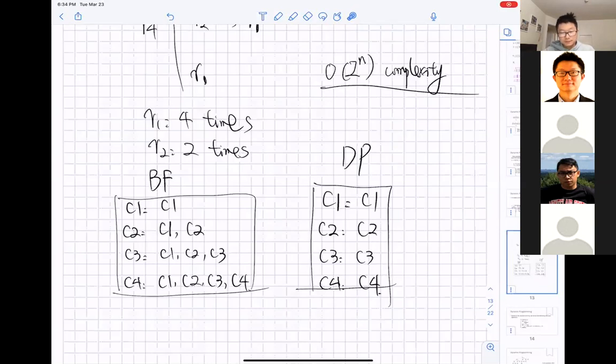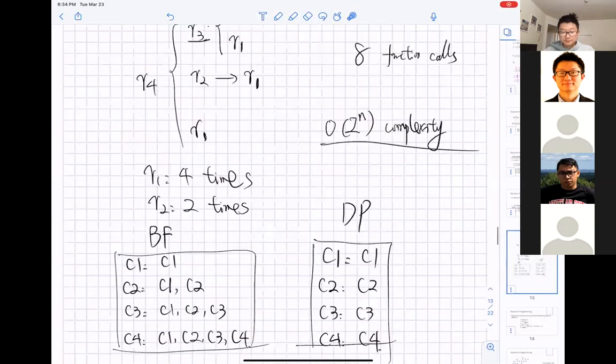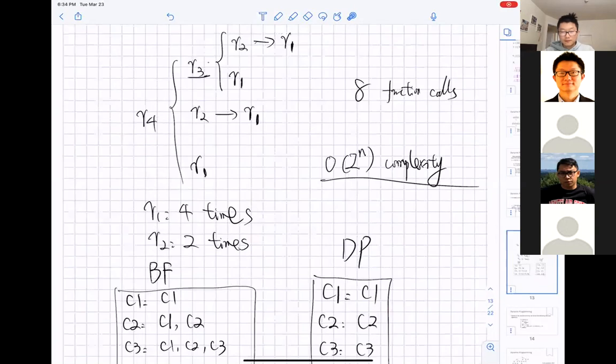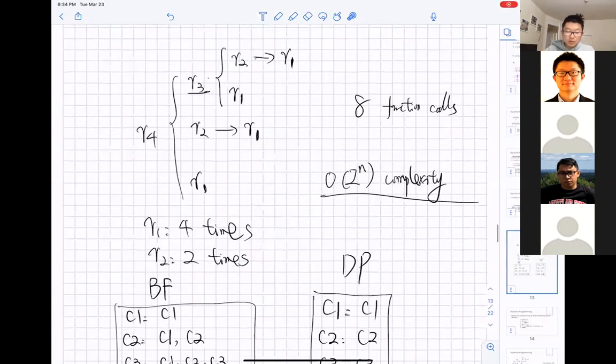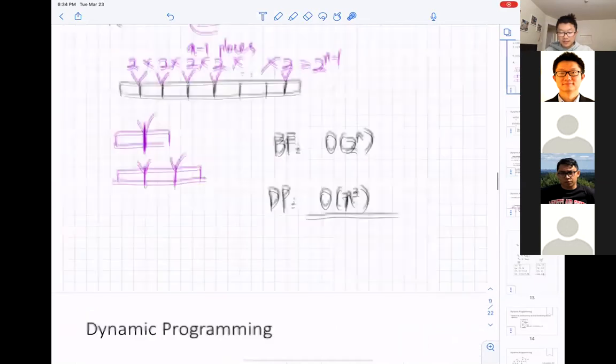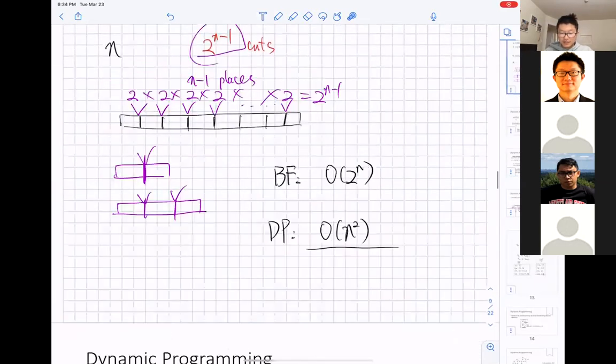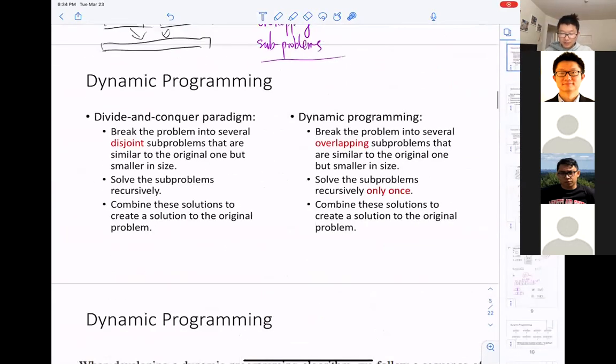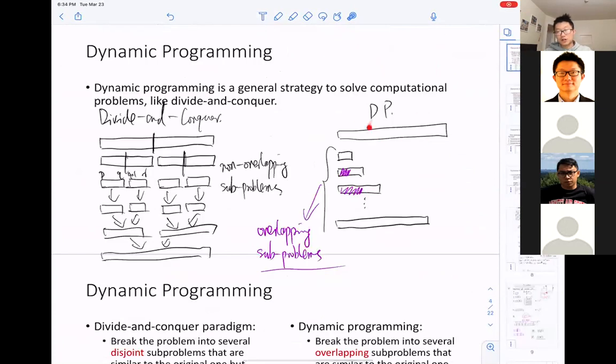So this is like the overlapping subproblem you said? Yes. Okay, so the overlapping subproblem comes from here. To calculate the solution of R4, we need to calculate the solution of R3, R2, and R1. Same as what I discussed over here.